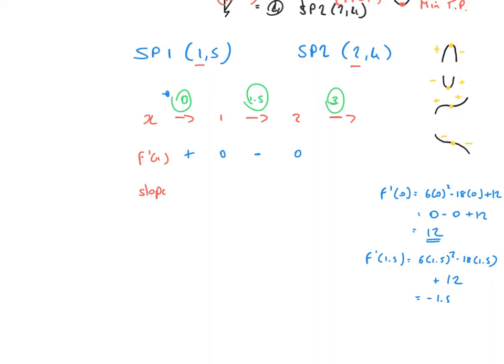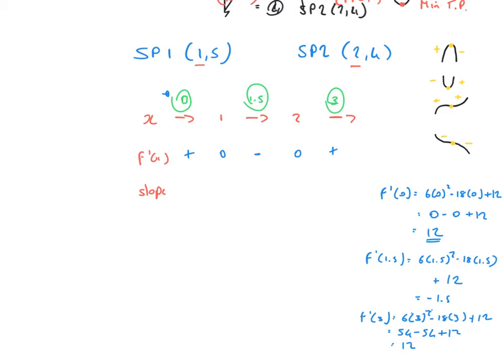Let's now sub in 3. So f dash 3, 6 lots of 3 squared minus 18 lots of 3 plus 12. 3 squared is 9, times 6 is 54. Minus 18 times 3, that's minus 54, plus 12, and that'll give me 12, and that's a positive result.